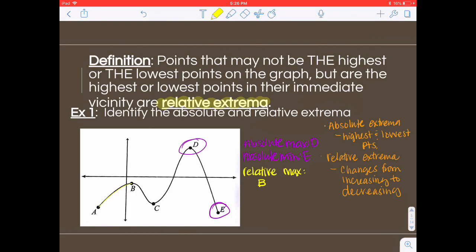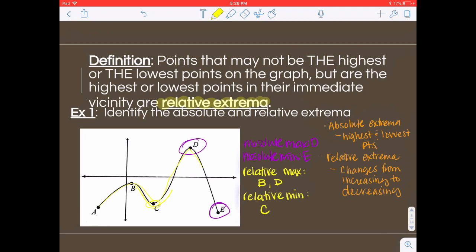So max is going to be where it's changing from increasing to decreasing, because that's where it starts decreasing. And then back to increasing, and here at D, it changes from increasing to decreasing. So those are our relative max. And then we have relative min, and relative min is now where it's going to go from decreasing to increasing. So that's here at C. A is not a relative min because it's not changing from increasing to decreasing or anything. So A is just an endpoint for this function here.